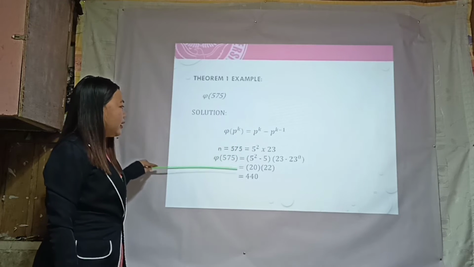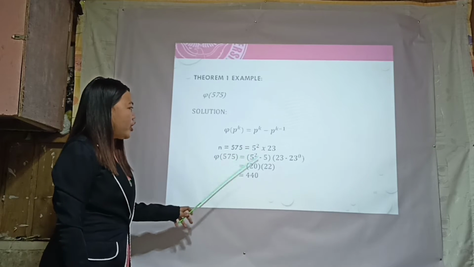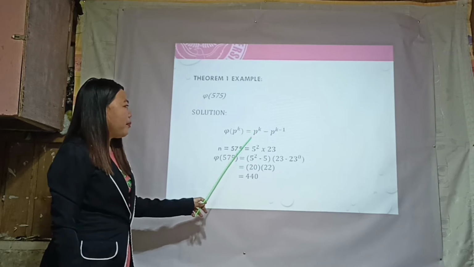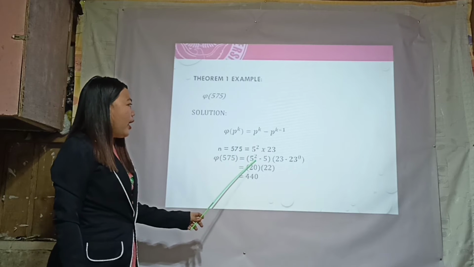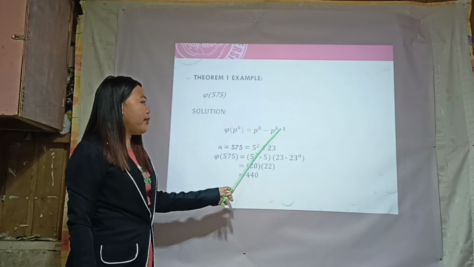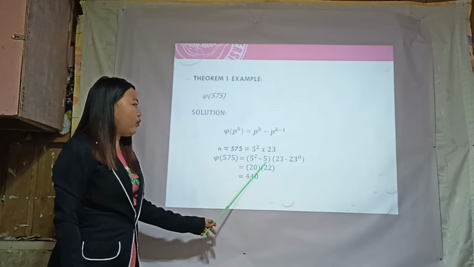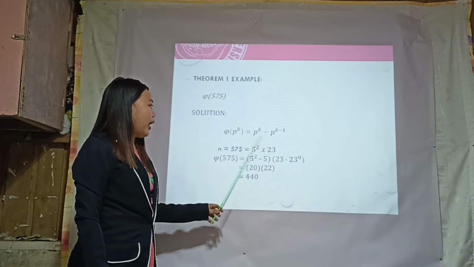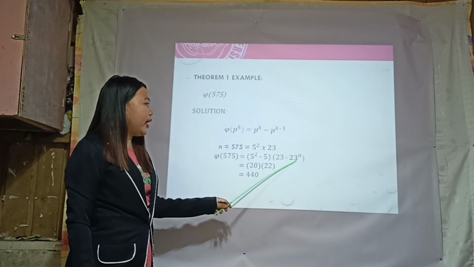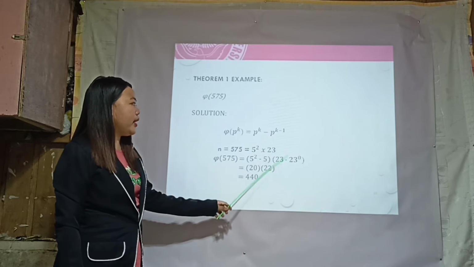So, next, phi of 575 is equal to 5 squared, which is p raised to the power of k, minus p raised to the power of k minus 1, which is 5 squared minus 5 to the power of 1, is equal to 5, times 23 minus 23 raised to the power of 0, which is 23 minus 1.